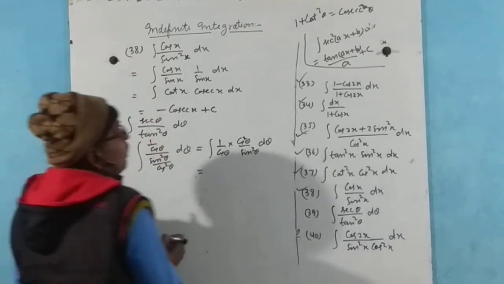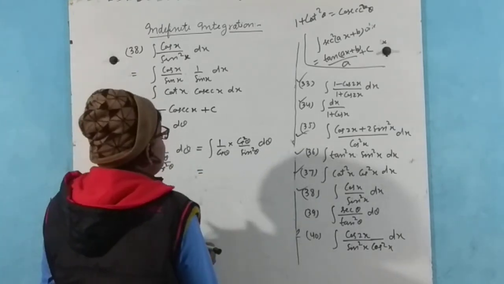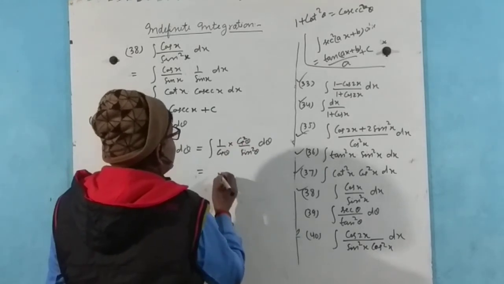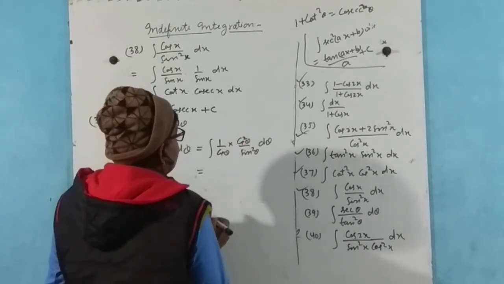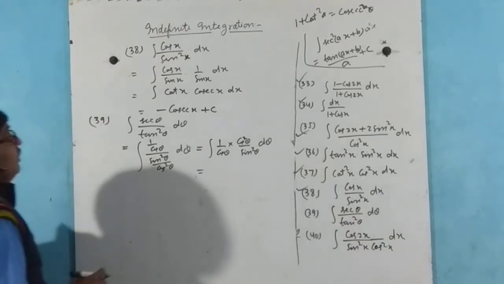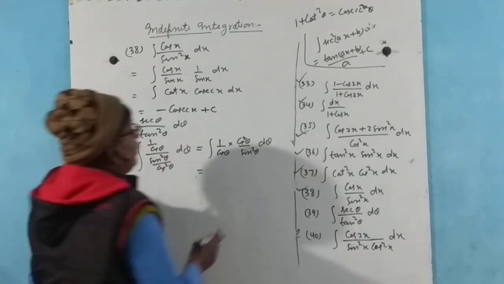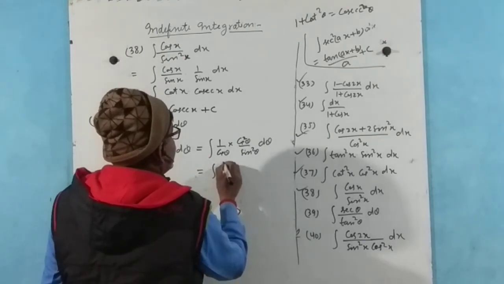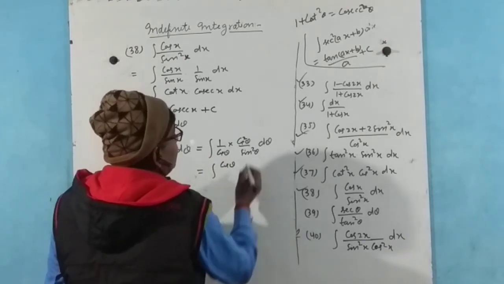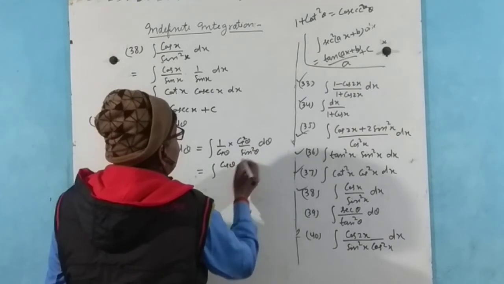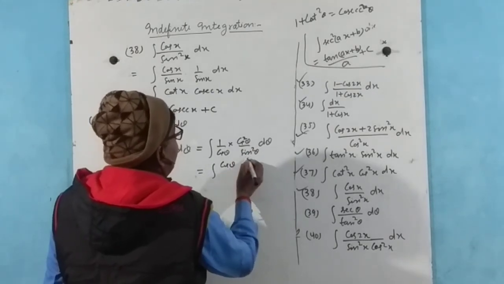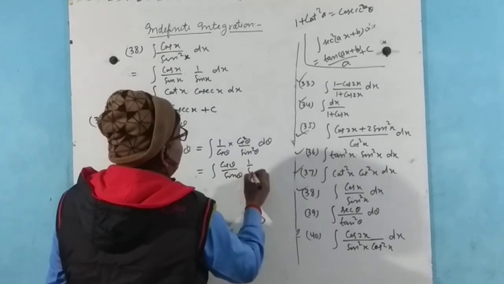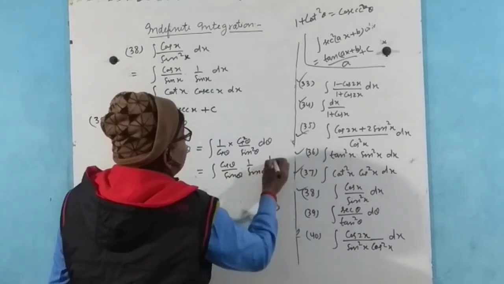Now cos theta and cos theta cancel, so that we get cos theta divided by sin square theta, that is cos theta by sin theta into 1 by sin theta d theta.